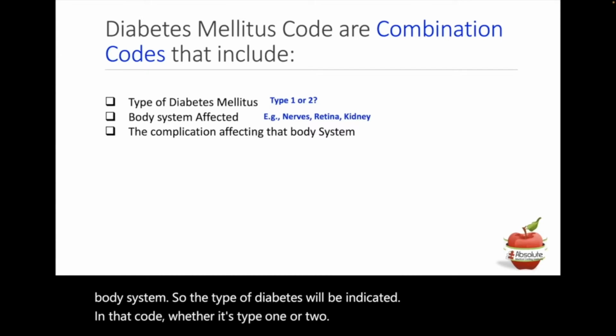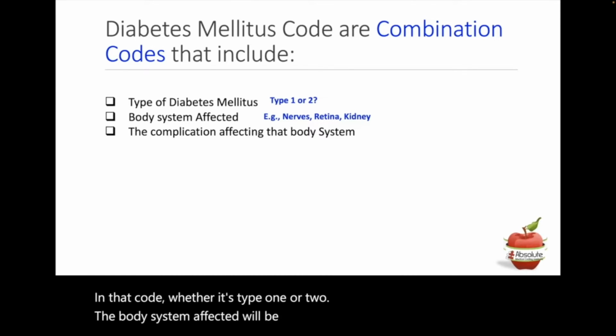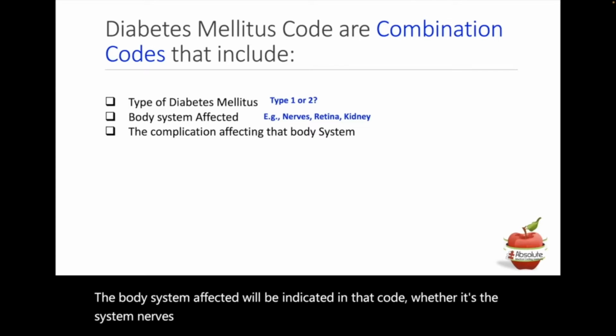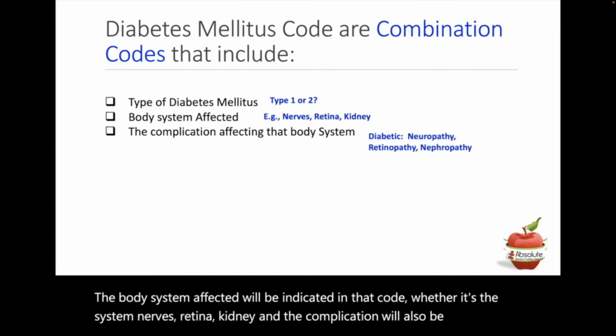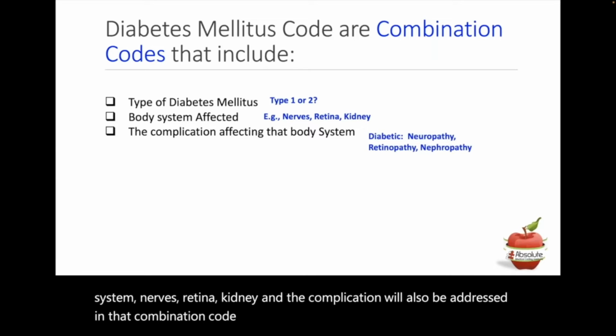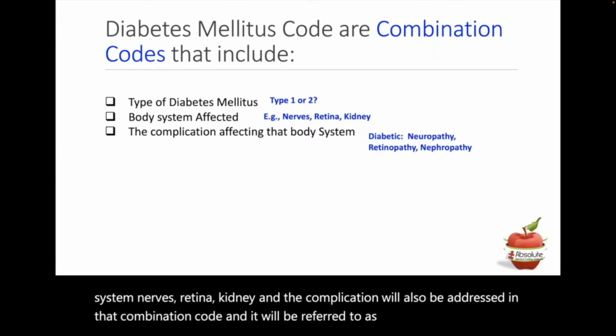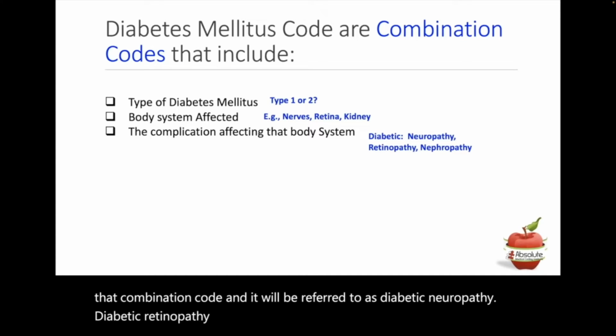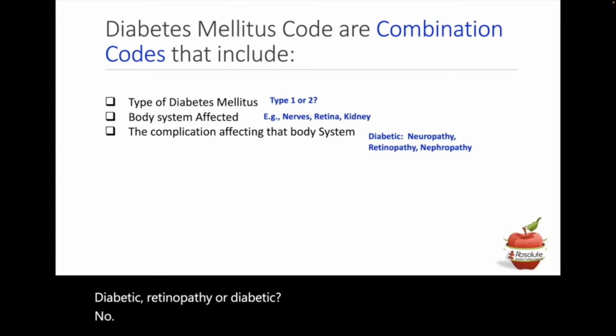So the type of diabetes will be indicated in that code, whether it's type 1 or 2. The body system affected will be indicated in that code, whether it's the nerves, retina, or kidney, and the complication will also be addressed in that combination code, and it will be referred to as diabetic neuropathy, diabetic retinopathy, or diabetic nephropathy.